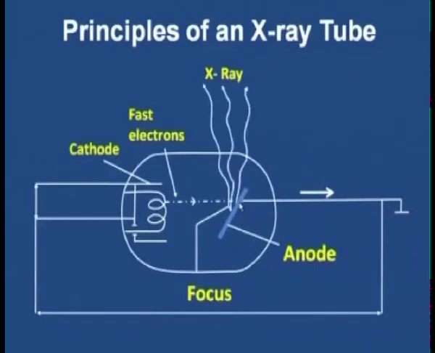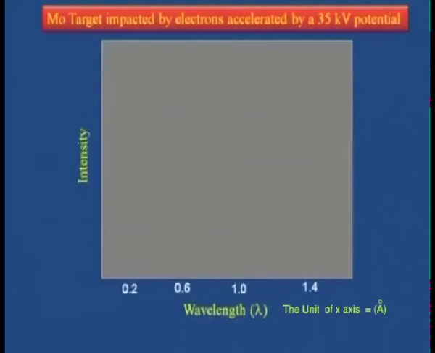and this gives rise to X-rays. Now, you may ask what kind of targets are used. Depending upon the target, let me take a molybdenum target, impacted by electrons accelerated by a 35 kilovolt potential, the potential between the cathode and the anode target.